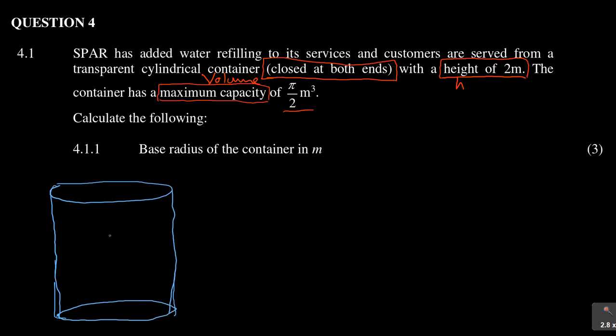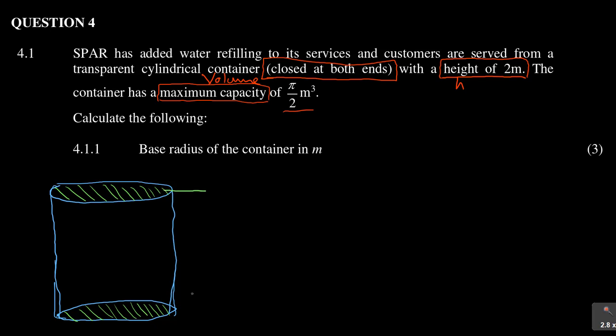So this is an example of the container, and they are telling you something important. They're saying it is closed on both ends. So I will shade like that just to indicate that this is closed and also that is closed. So this container is closed on both ends.